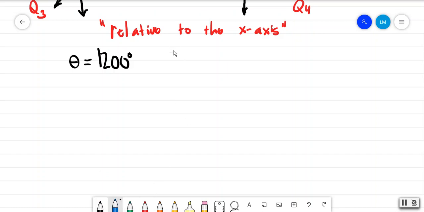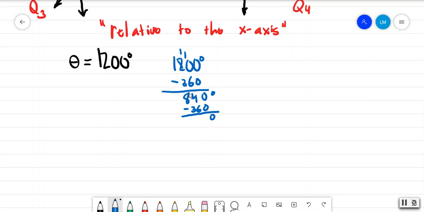We have 1200 degrees, which is bigger than 360, so we have to subtract 360. When we subtract 360, this gives us 840.